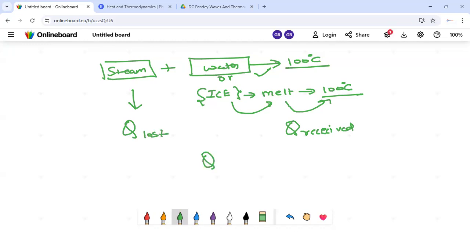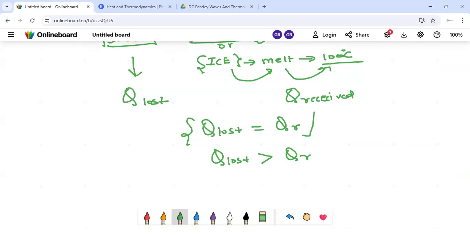Now, assuming that heat lost is equivalent to heat Q received, in that case, all the steam will condense into water at 100 degrees. If Q lost, meaning what steam is giving, is quite more than what water requires to come up to 100 degrees Celsius, then some part of the steam will be left uncondensed and some part of the steam will condense into water.